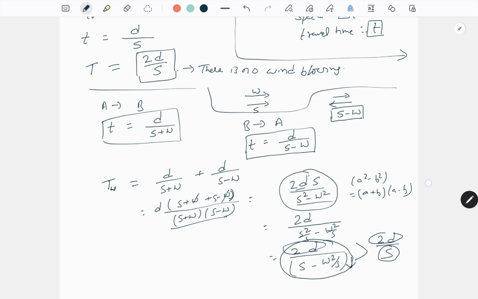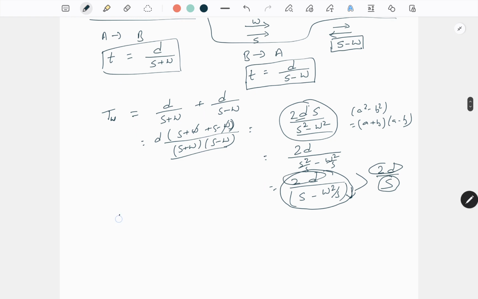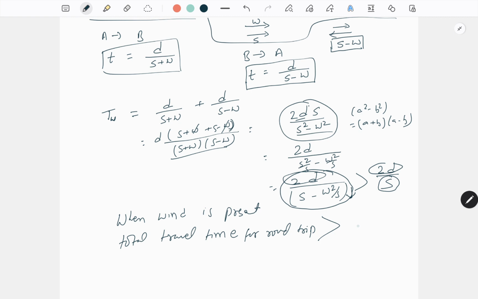So in the case when the wind is present, the total travel time for the round trip is always greater than the normal travel time when wind was absent, when there was no wind blowing.